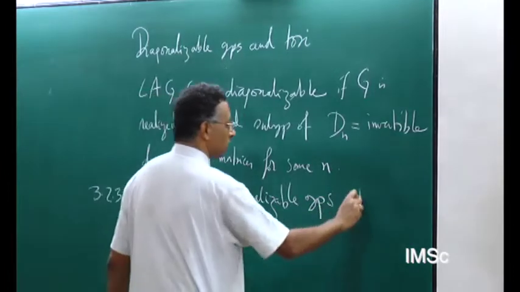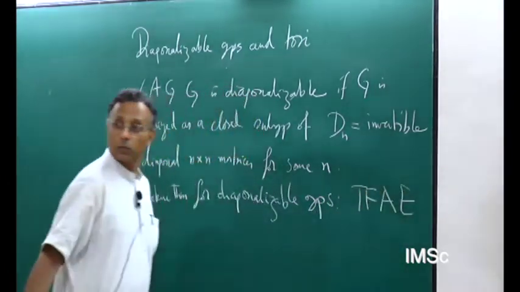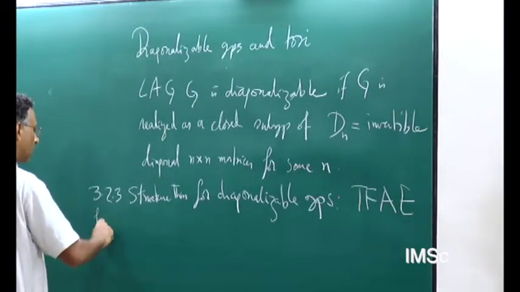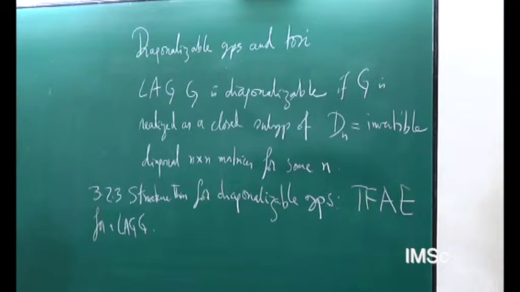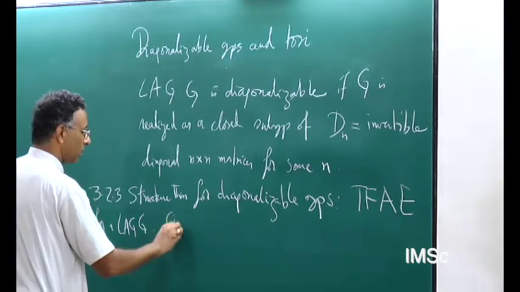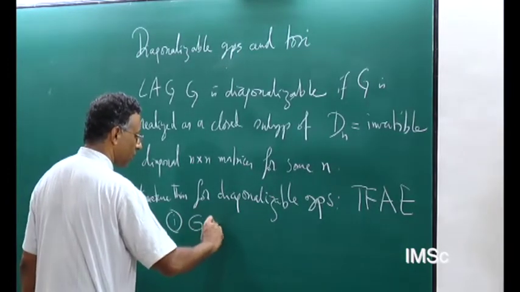So the statement is the following are equivalent for a linear algebraic group G. So the first condition is, of course, G is diagonalizable.